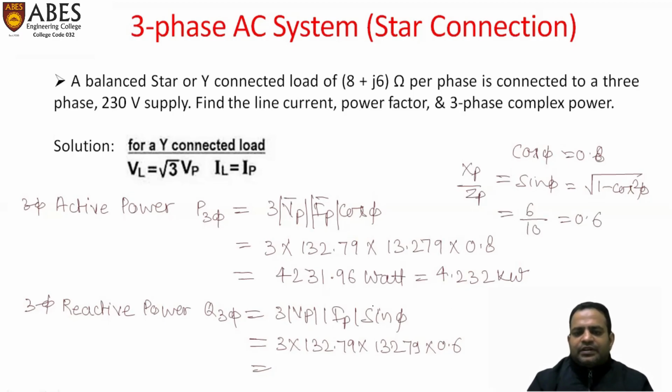So after calculating, this Q three phase is 3173.973 VAR, or 3.174 kVAR.